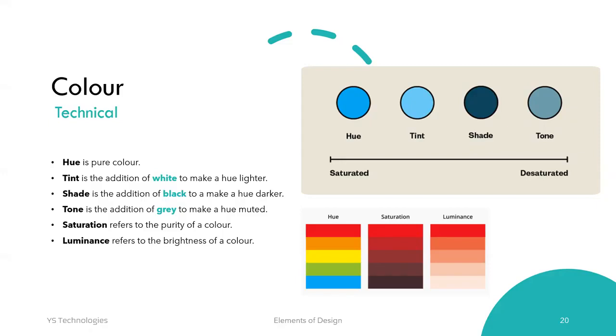Now, saturation tells us how pure a color is, meaning how little or how much white, black, or both of them as gray is added to it. If there's very little white or very little gray, then it is a highly saturated color. If there's a lot of white or black added to a color, then it's a desaturated color.